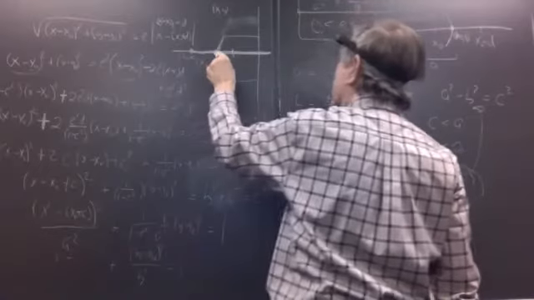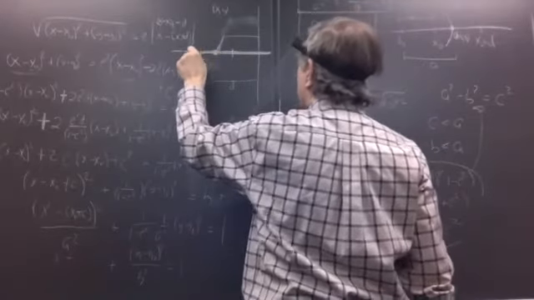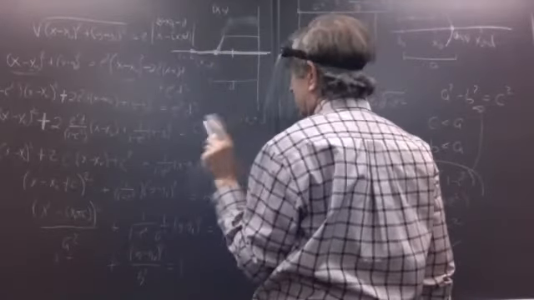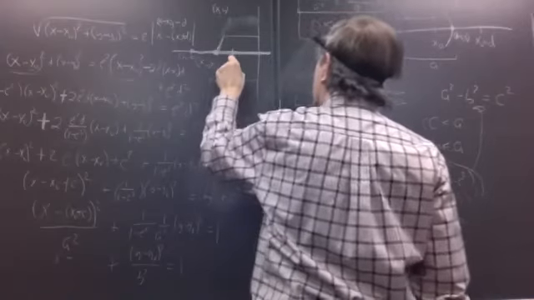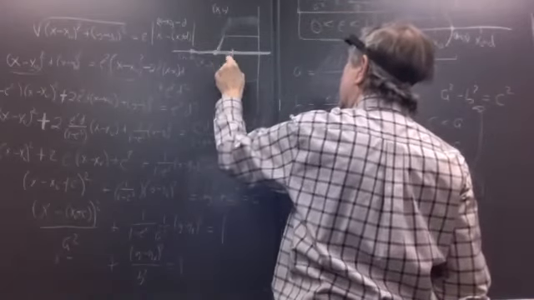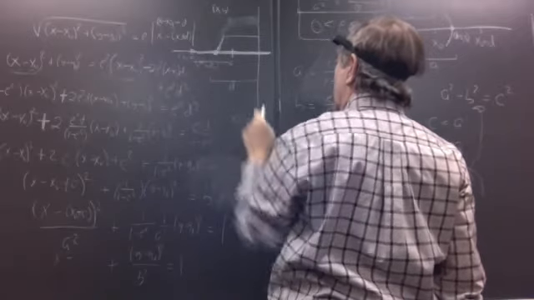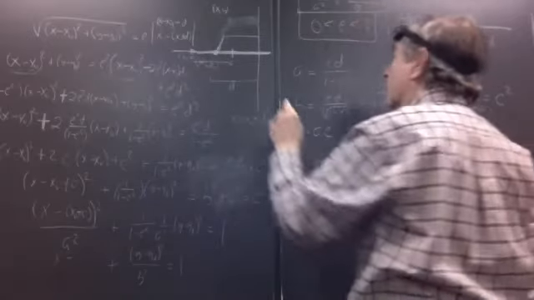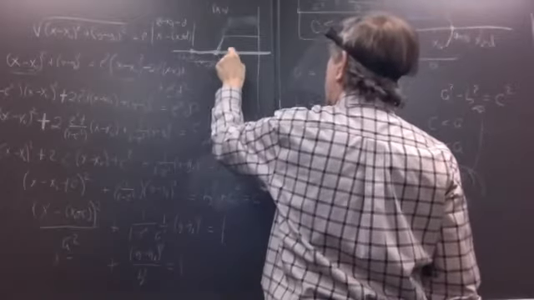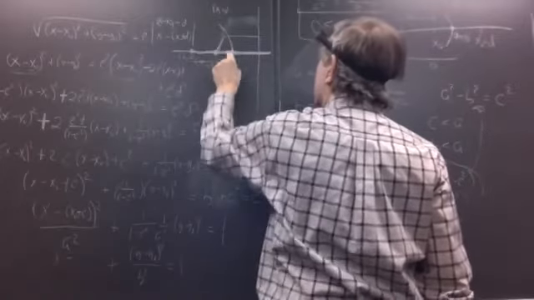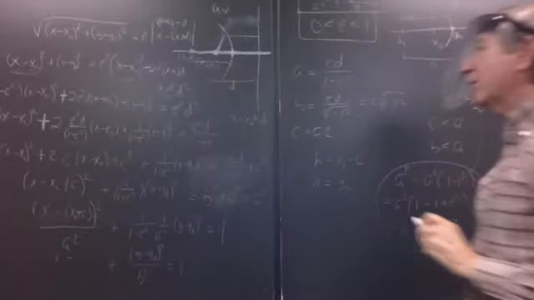This is the focus. We're going to call this the center of something. The distance between here and here is a. And we just showed that this point is on the graph. Okay, that's one point that's on the graph.